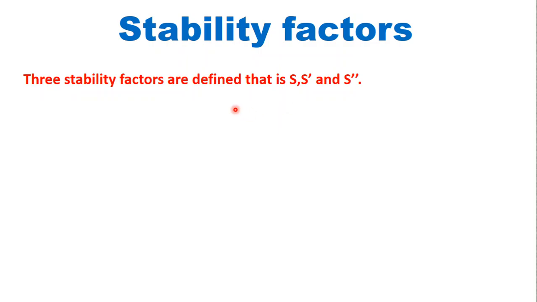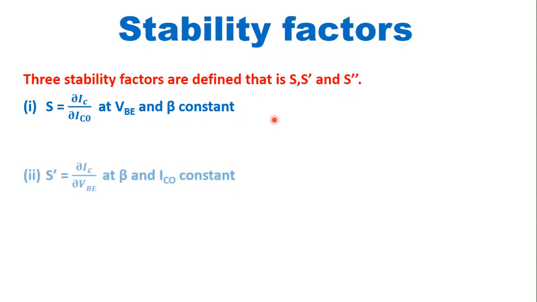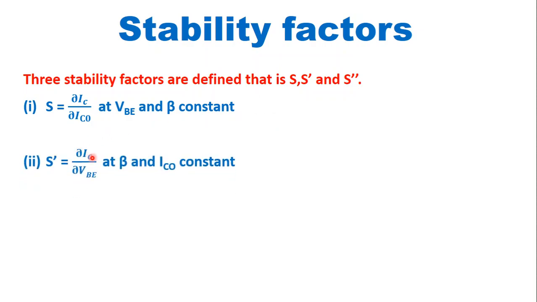There are three stability factors which are defined, that is S, S dash and S double dash. First one is S which we have already seen, that is S is equal to del IC upon del ICO at VBE and beta constant. Second one is S dash which is equal to del IC upon del VBE at beta and ICO constant.